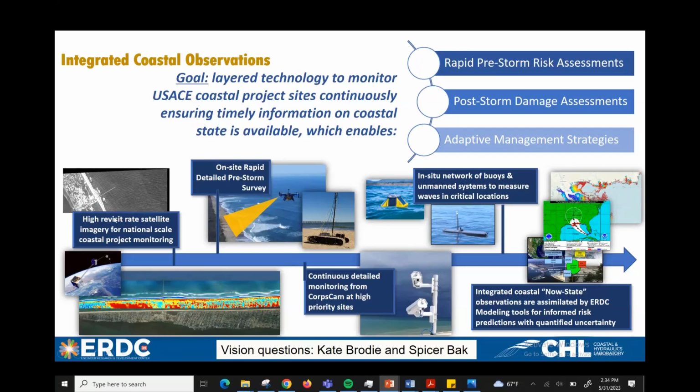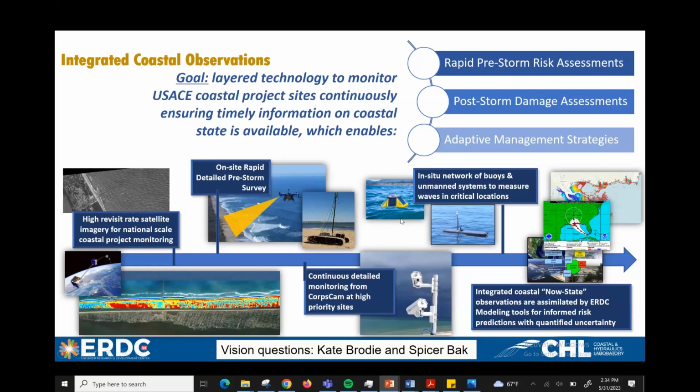So that's how we see this fitting in down the road, where the satellites, as you can see here on the left, would provide that high level understanding of your coastal condition, maybe an initial storm response gauge, and then from there, you could determine where you might need to actually go out, boots on the ground, and start to survey, and add some fidelity to your measurements. That fidelity could be added through UAS or robotics.